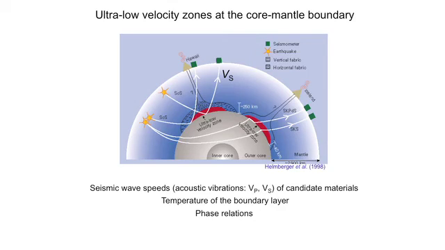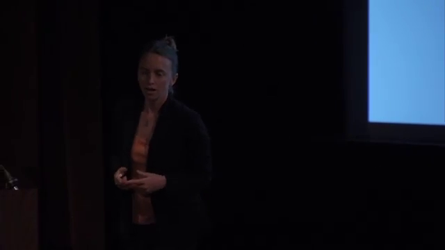So now let's take a step back and discuss what are the questions that we're interested in understanding. So we're at the synchrotron, and I want to show briefly this cartoon of the cross-section of the Earth again. This region right here is the core mantle boundary, which is about half the radius of the Earth, and it separates the silicate mantle above and the iron-rich core below.